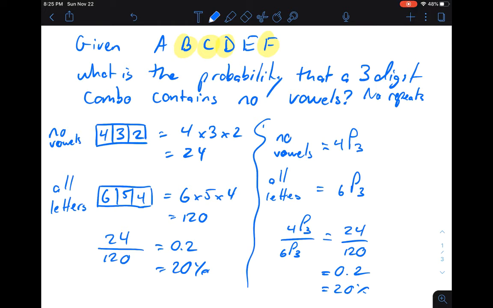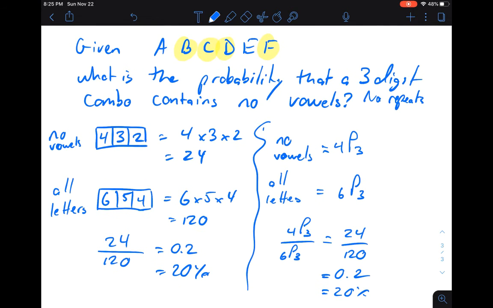I do want to do one more example here, a little bit more complicated. Okay, so here's the last example.